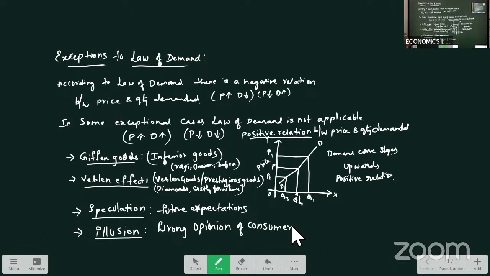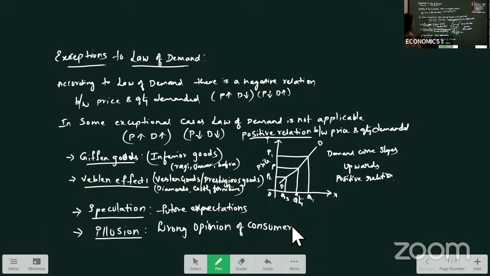So they do not buy low priced goods because they feel they are not of good quality. In that case also, the law of demand is not applicable. These are the exceptional cases where the law of demand is not applicable.